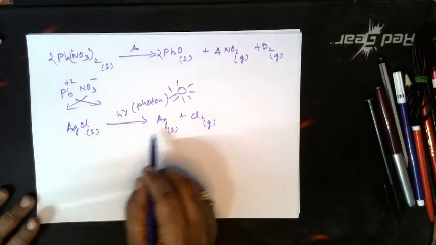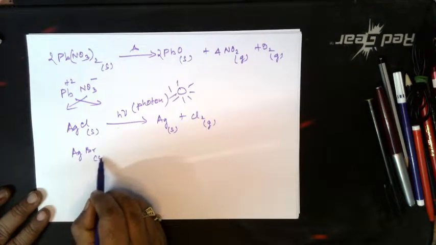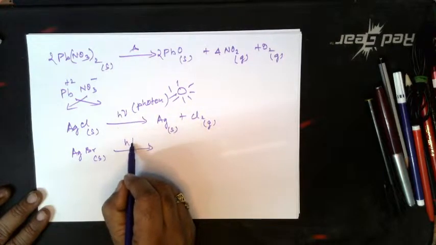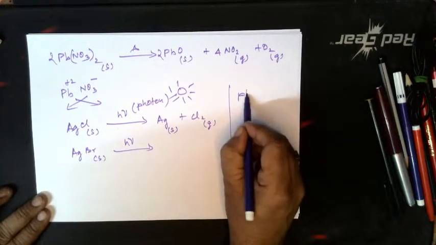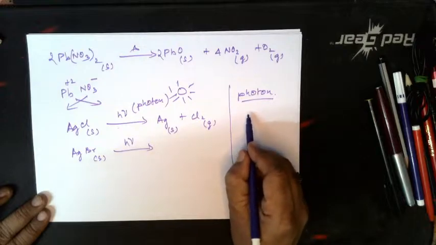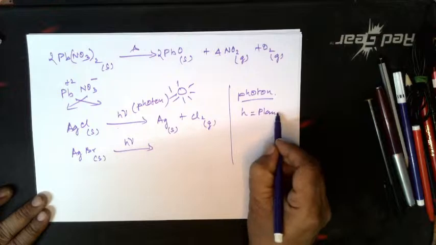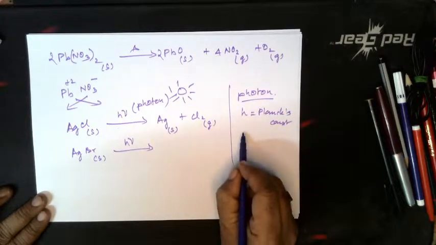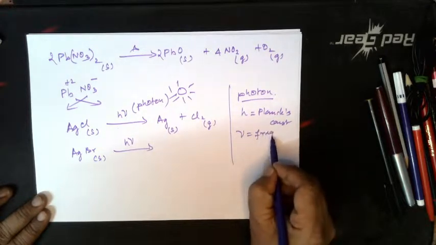Similarly, silver bromide, AgBr, solid, in presence of sunlight. Sunlight can be represented by photon. This is called h and this is nu. Photon means sunlight particles, and here h is called Planck's constant, and nu is called the frequency of the light.